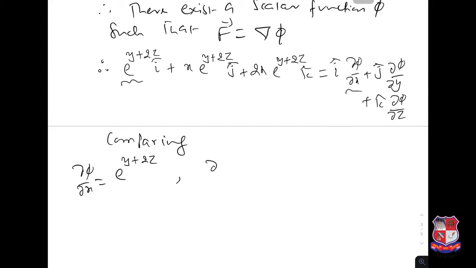Then del phi by del y is x e power y plus 2z, and del phi by del z is 2x e power y plus 2z.